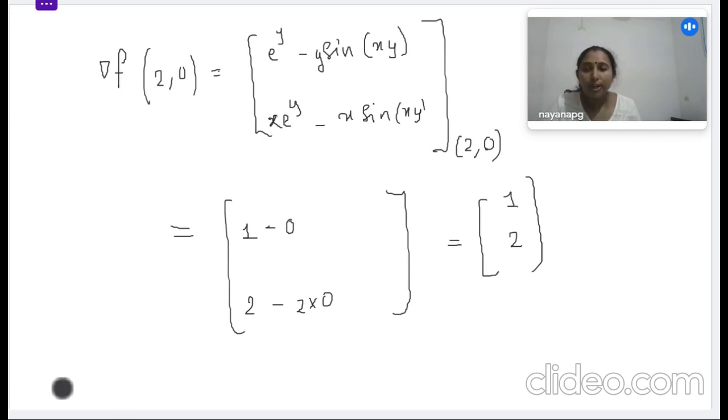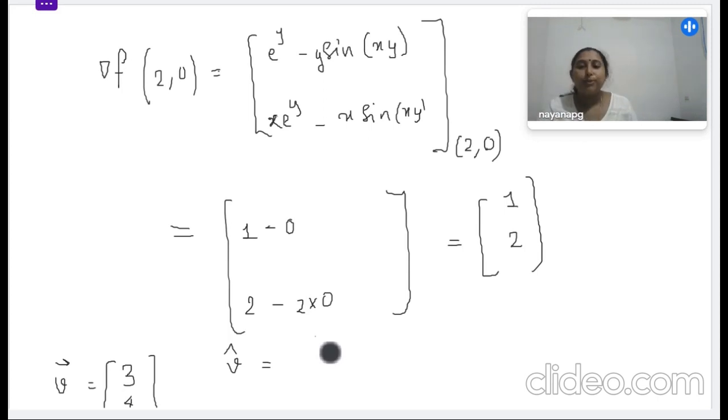And what about the unit vector of v? The v vector is (3, 4), so we need to find its unit vector. The unit vector is the vector divided by its magnitude. The magnitude of (3, 4) is the square root of 3 squared plus 4 squared, that is 9 plus 16, which is 25, and the square root of that is 5.